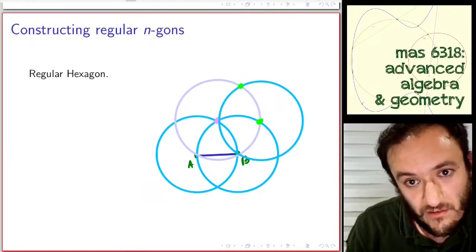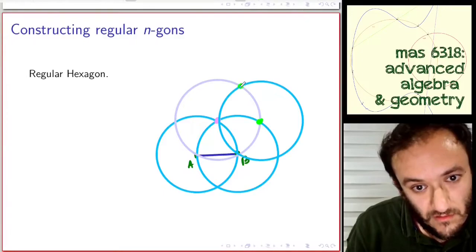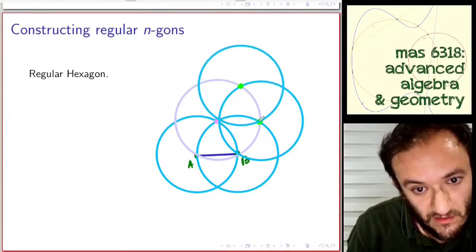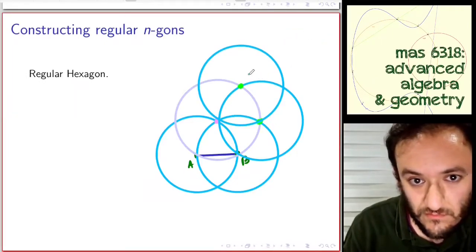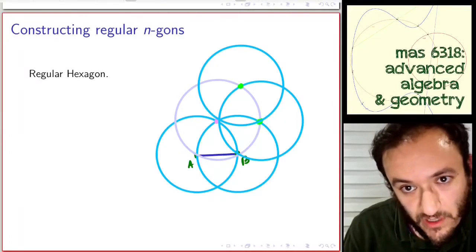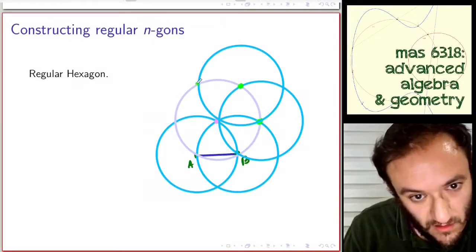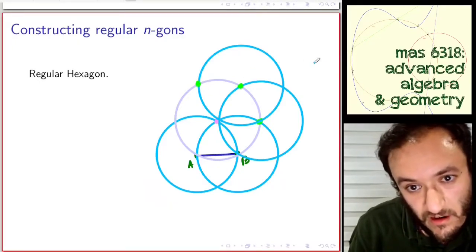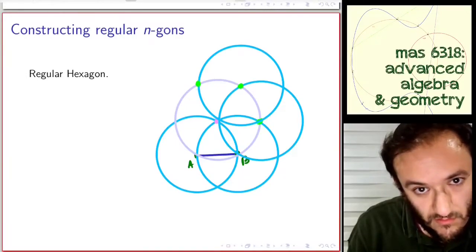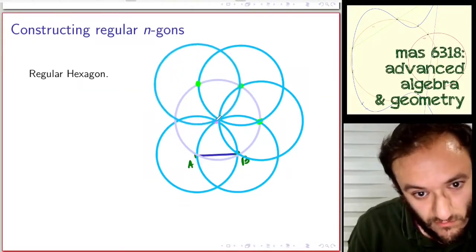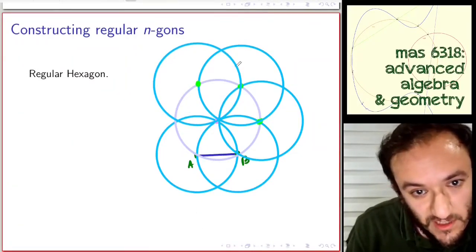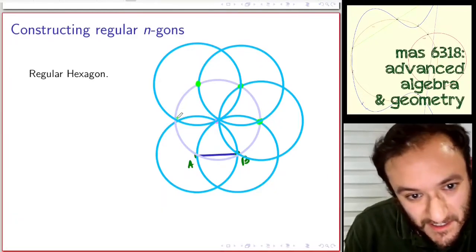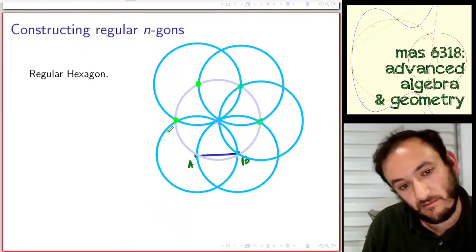And then we can get another circle, also passing through this point, and that gives us a point here. And we get another circle there. And these approximately intersect here.